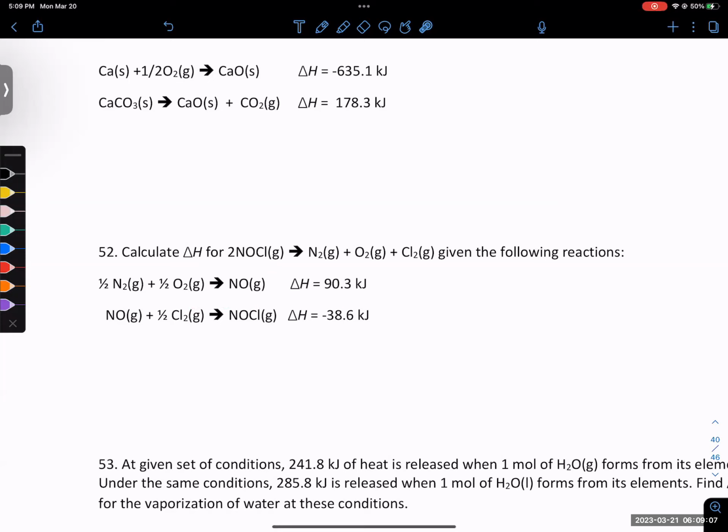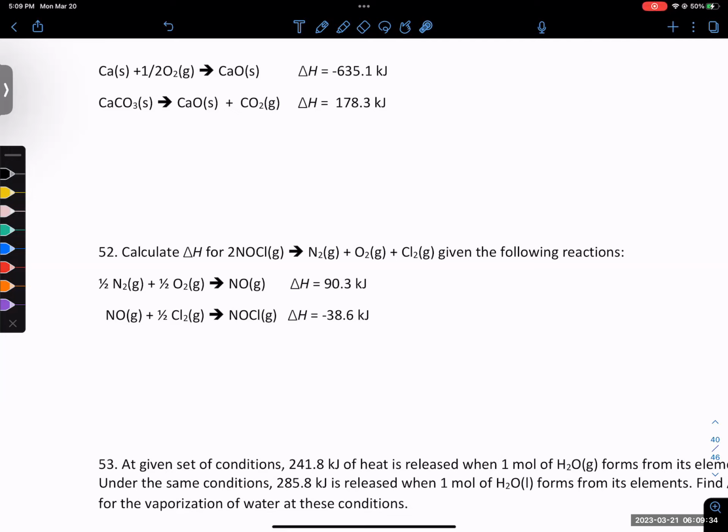All right, so we want NOCl on the left side. NOCl only appears one time in both of these equations, and it's the one on the bottom right. And we want it on the reactant side. Right here, it's on the product side. So we need to do what to that reaction? We need to flip it, right?